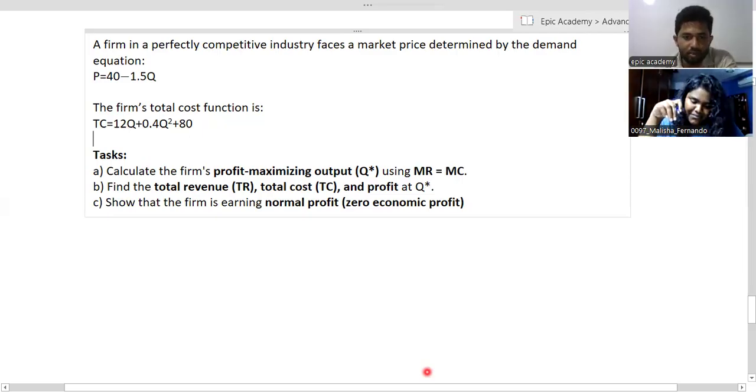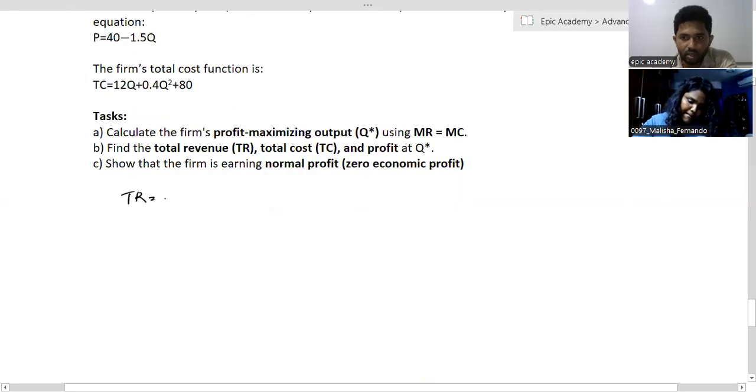Okay, I will do it. I didn't get it. Okay, fine. You have to calculate the TR. P multiplied by Q. P is 40 minus 1.5Q, isn't it?